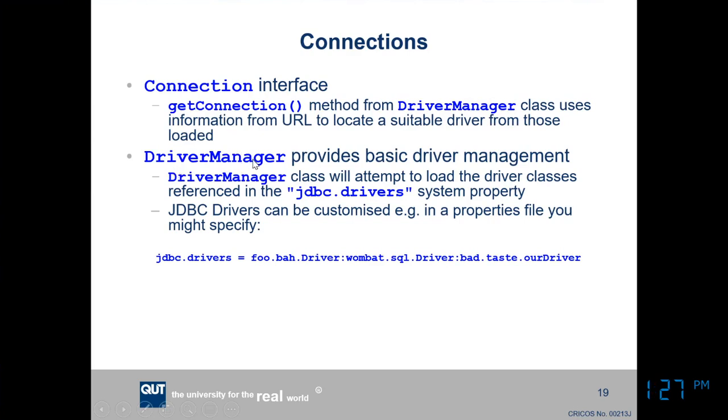DriverManager just includes some stuff for basic driver management, and JDBC drivers can be customized. For example, in a properties file, you might specify particular information if you want to support a bunch of different SQL drivers.